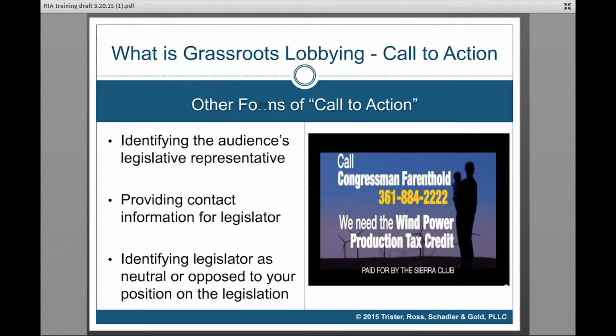So the way to determine whether an activity is in preparation for lobbying is to look at the time frame of when the result of that activity might have been used for lobbying. For example, if you produce a report and it's used for lobbying any time within the first 6 months after you've produced that report, the IRS is going to presume that you created that report for a lobbying purpose.